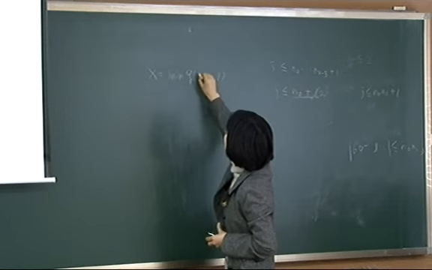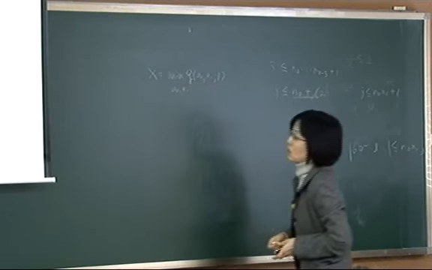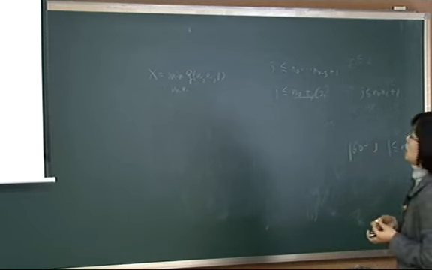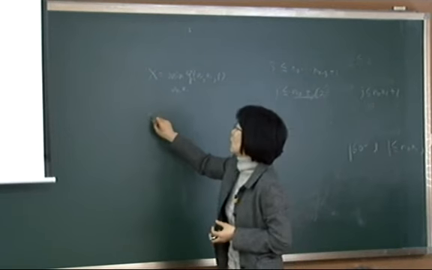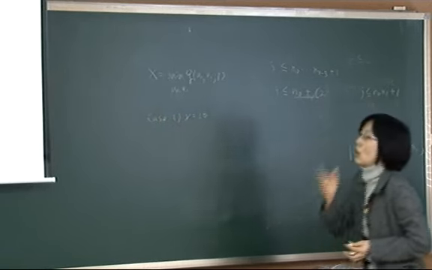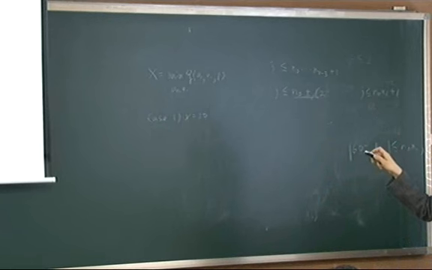Some neighbors, U0, U1, to be X. And the first case is X is 20. That means from 0 to 19 are all on the basement, all in the basement.